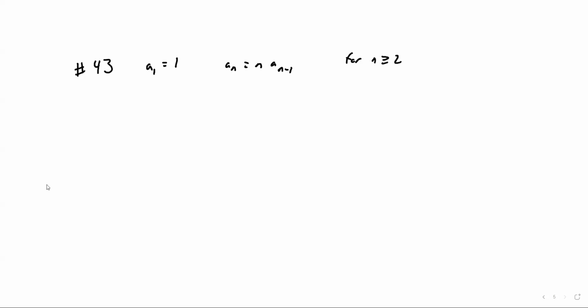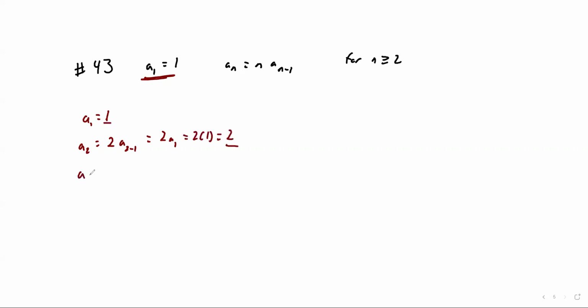So typically you have to be given 1, and then you can go from there. So we see a sub 1 is equal to 1. A sub 2, I'll then plug this in. So this will be 2 times a sub 2 minus 1. So this then becomes 2 times a sub 1, which we know is 1. So that's 2 times 1, which will give you 2.